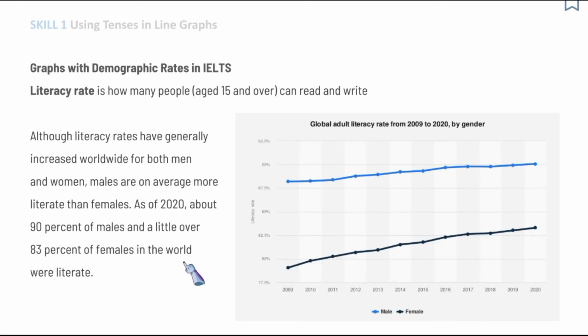Literacy rate. Well, literacy is the ability to read and write. So literacy rate is how many people can read and write. Here we can see a line graph which depicts global adult literacy rate.